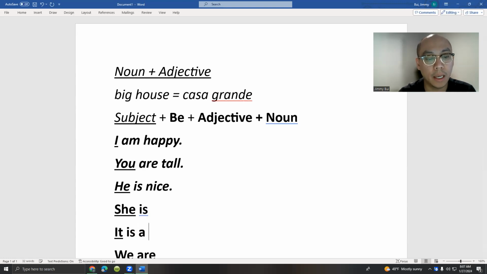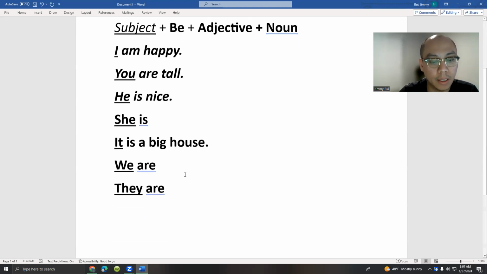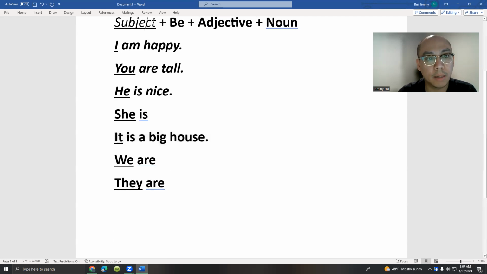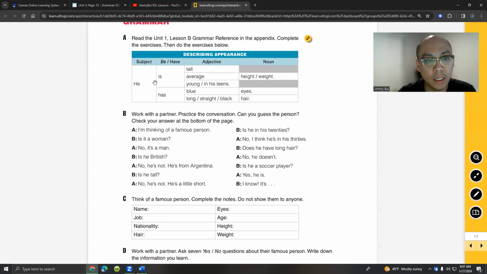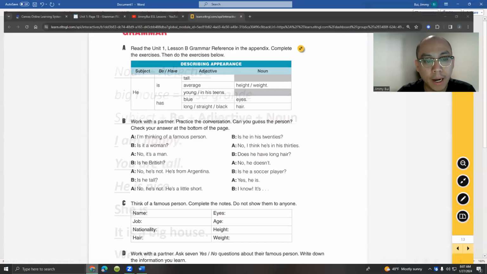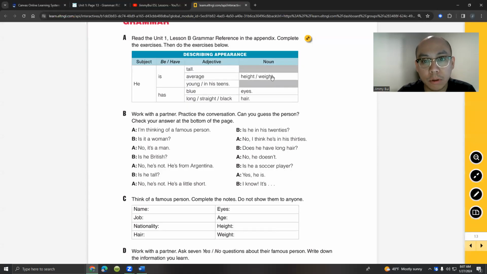It is a big house. In this case, it is the subject, is the verb be, big is an adjective, and house is a noun. Following the demonstration, he is average height, weight. Height and weight are not countable, not singular or plural.